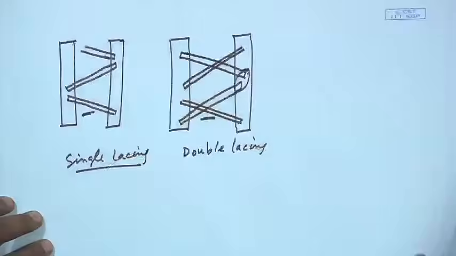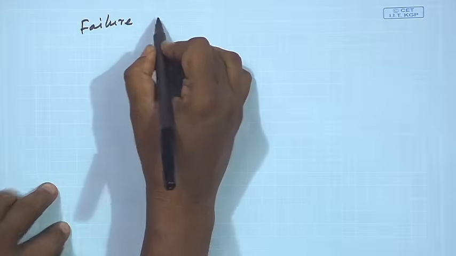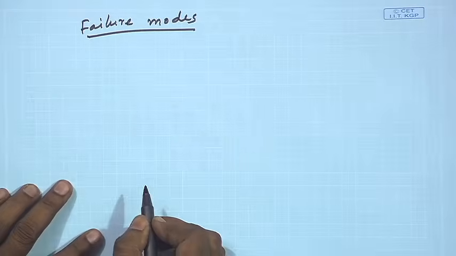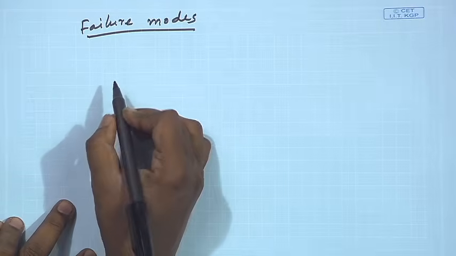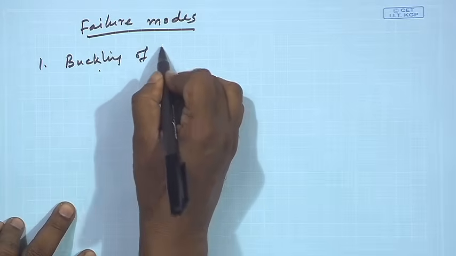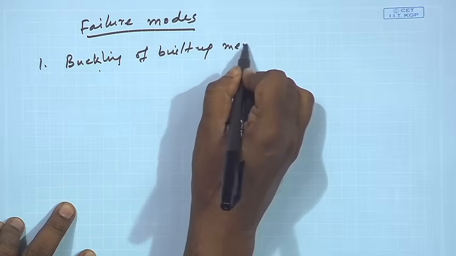Now, when we go for designing of a lacing, we need to know what the failure modes of the lattice member are. So, what type of failure may happen, that we will first see, and accordingly we will try to develop a design methodology so that the failure can be arrested. One is buckling of the built up member as a whole.